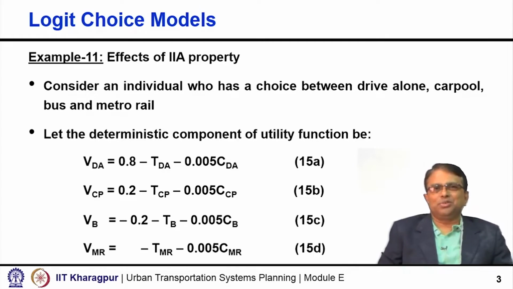The probabilities will change if the utility of any other alternative, third or fourth, increases or decreases. Accordingly, the probabilities will also change, no problem, but they will change keeping this ratio unchanged. So, in that ratio the increase or decrease will happen.